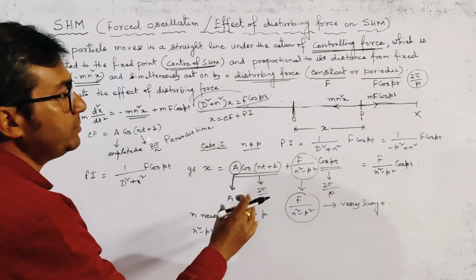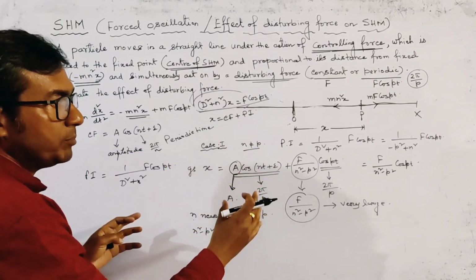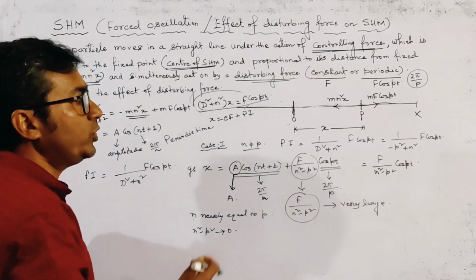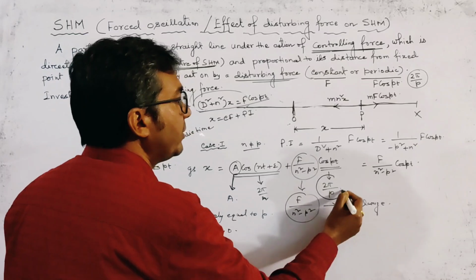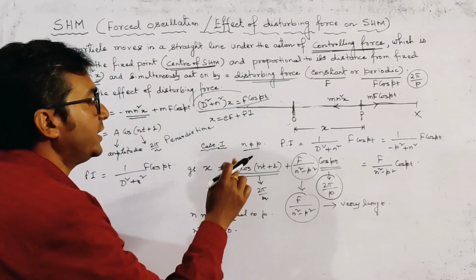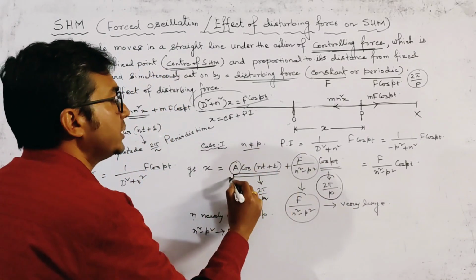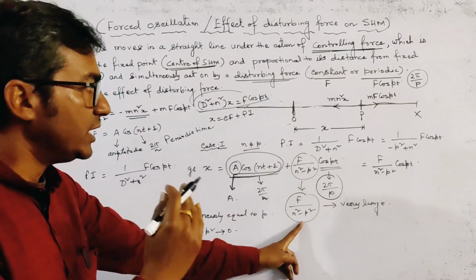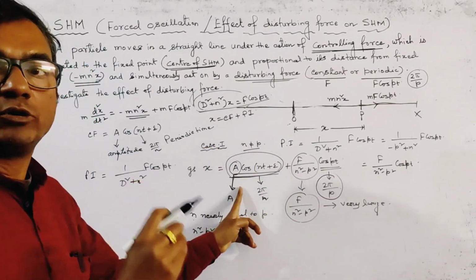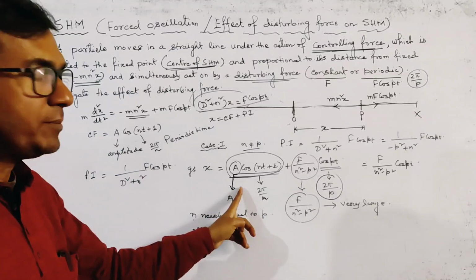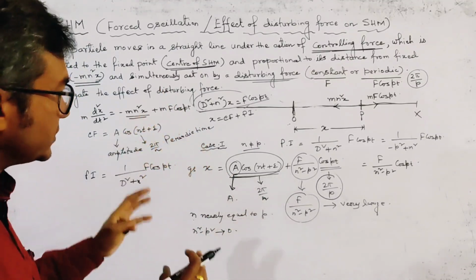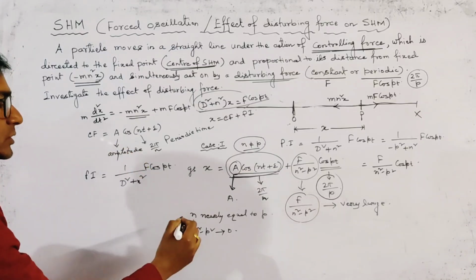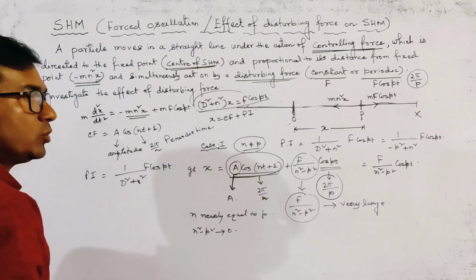Okay, and ultimately this motion becomes the forced oscillation with the period 2 pi by p, and in this case the free motion has no importance because this amplitude is very large compared to that of A. Okay, and this is the case when n is not equal to p but nearly equal to p.